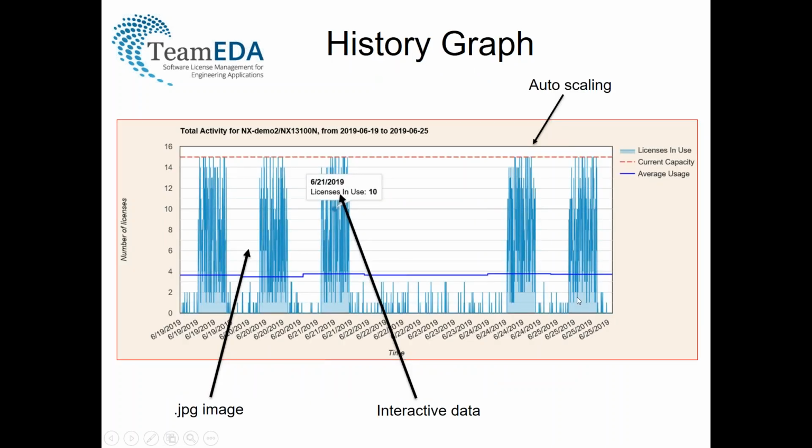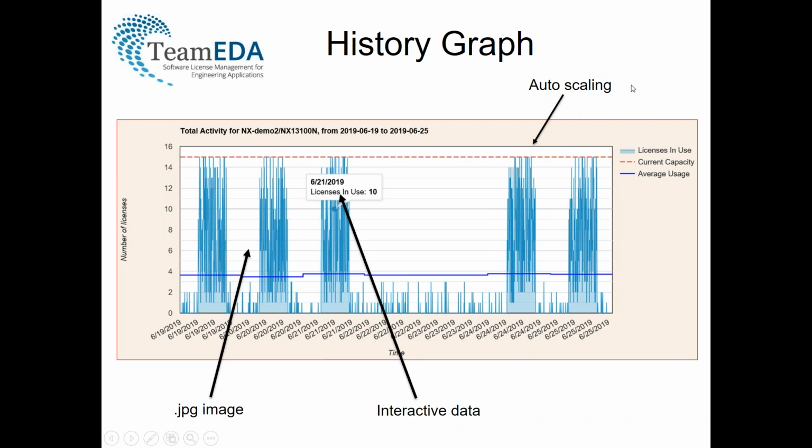So this is a typical history graph. This makes a good batch report to get, again, you can do weekly or monthly, and this is the history graph, which shows your capacity, your actual, and your average over that time period. If this graph looks strange, it's because this is 9.1, where it has more interactive capability now, where you can just move your mouse over and see the actual values.